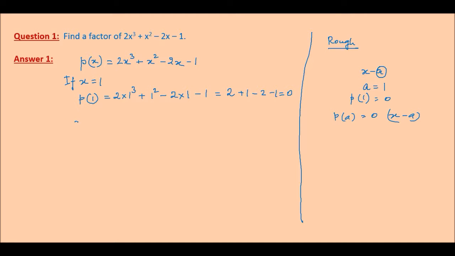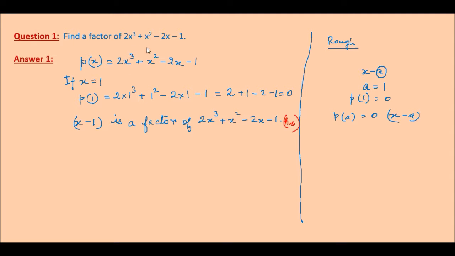Therefore, x minus 1 is a factor of the polynomial 2x cubed plus x squared minus 2x minus 1. This becomes our answer.